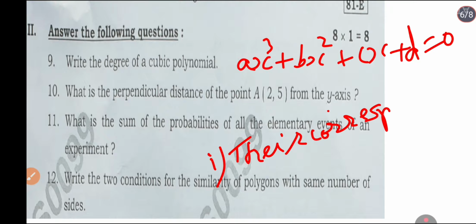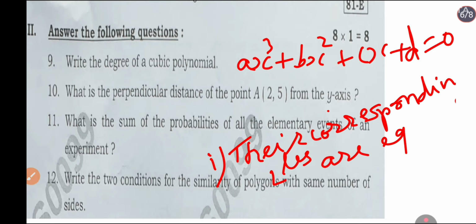Second condition is their corresponding sides are in the same ratio.